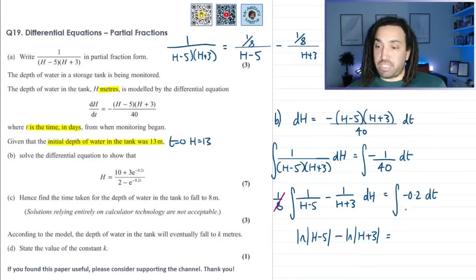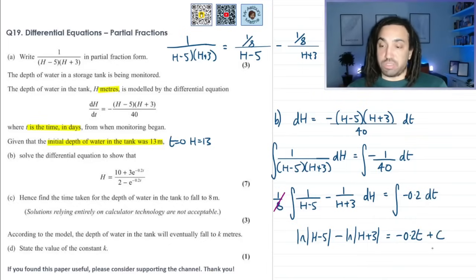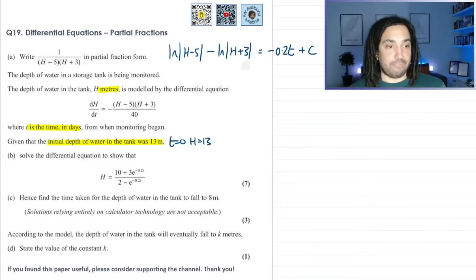And on this side, this is going to integrate to minus 0.2 as a constant, so we just integrate this by multiplying by the variable we're integrating with respect to, which is t. Perfect, and then plus a constant, and we'll put the constant over there. Great. Okay, let me just grab some more space and we will tidy up and find our answer.